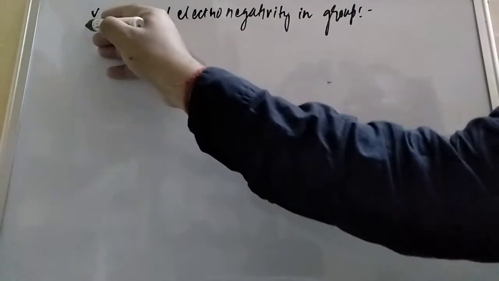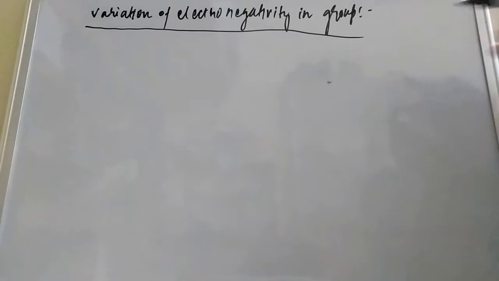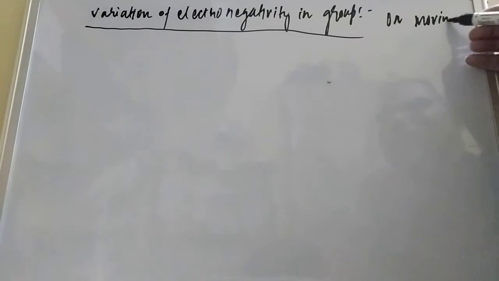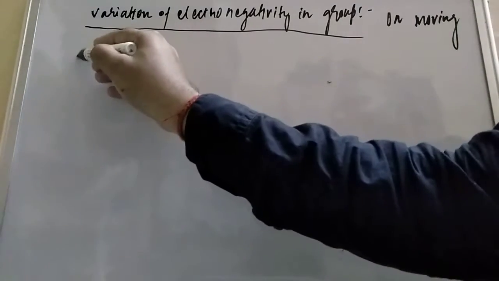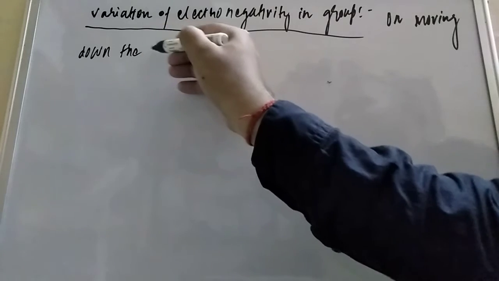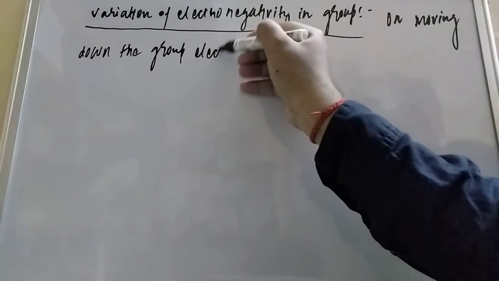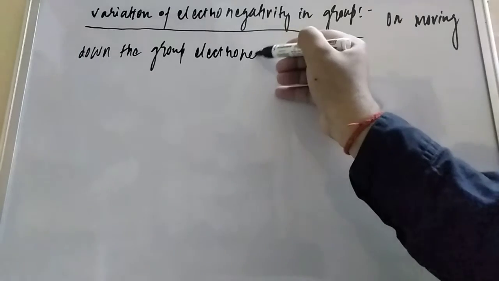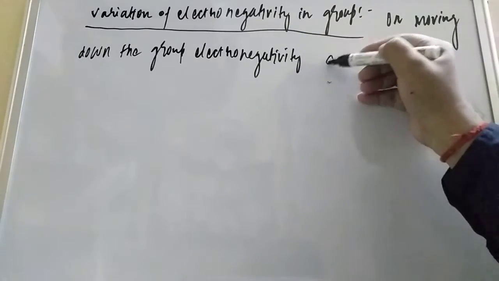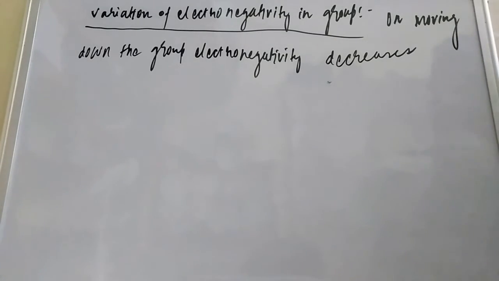Dear friend, electronegativity is the tendency to attract the shared paired electron. On moving down the group, electronegativity decreases. Why does it decrease?